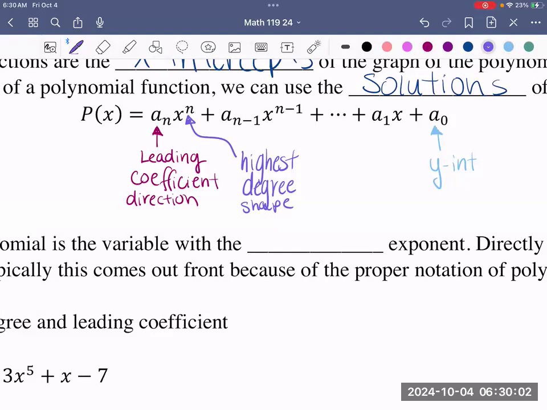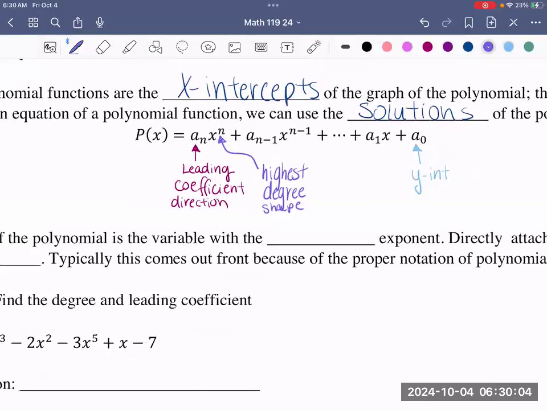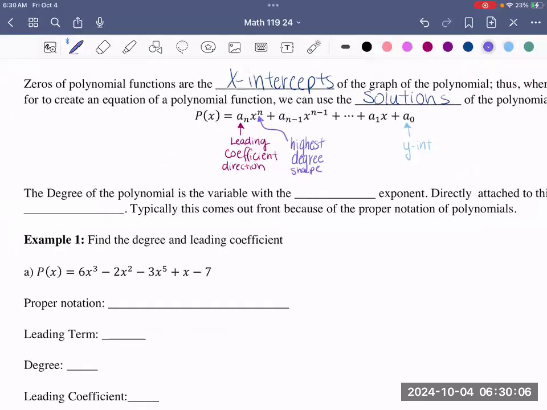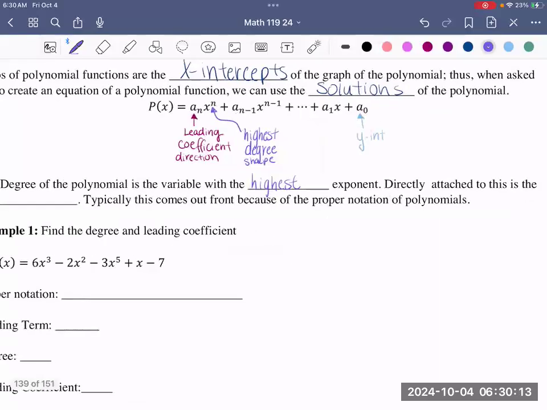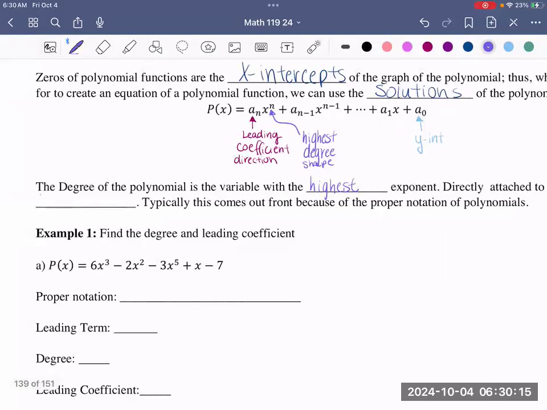So it says the degree of the polynomial is the variable with the highest exponent. Directly attached to this is the leading coefficient. Now, typically this comes out in front because of the proper notation of polynomials, something we just talked about.